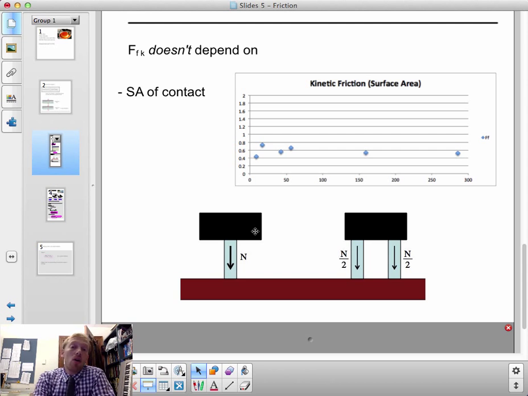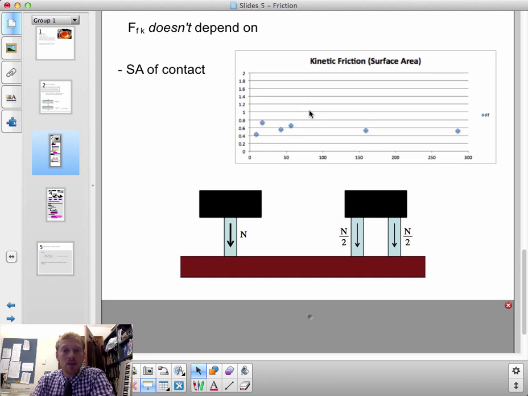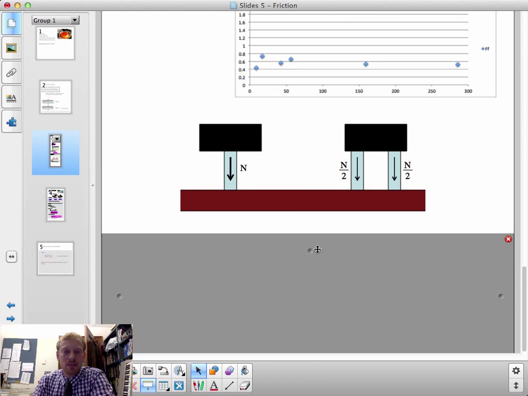However, you might also imagine that if there's more surface area of contact, there'd be less friction because the pressure involved with pressing these two imperfect surfaces together is less. Those effects cancel, leaving a kinetic friction force that approximately does not depend on the surface area of contact.